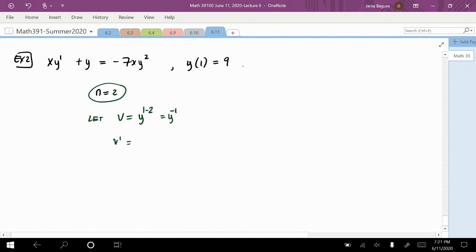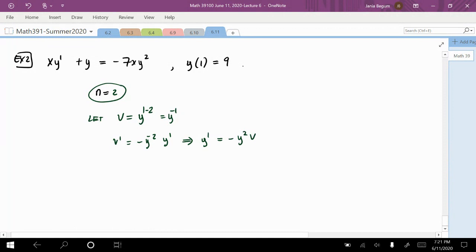V prime is equal to negative y to the negative 2 y prime. And then you want to solve for y prime. Y prime is going to be negative y squared times v. Okay?